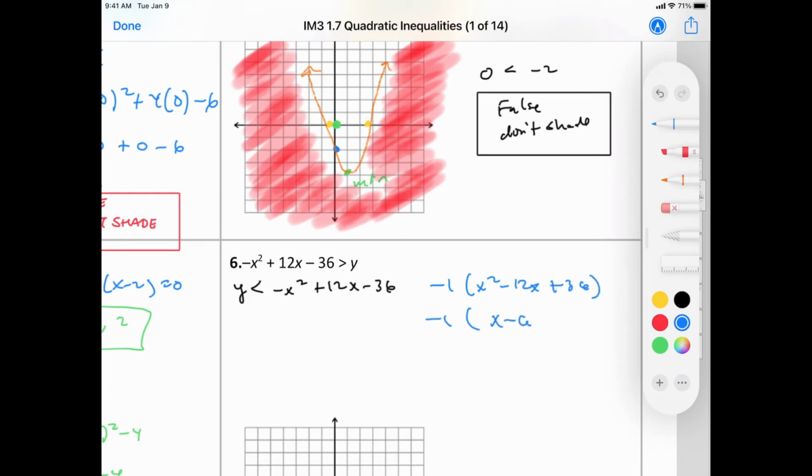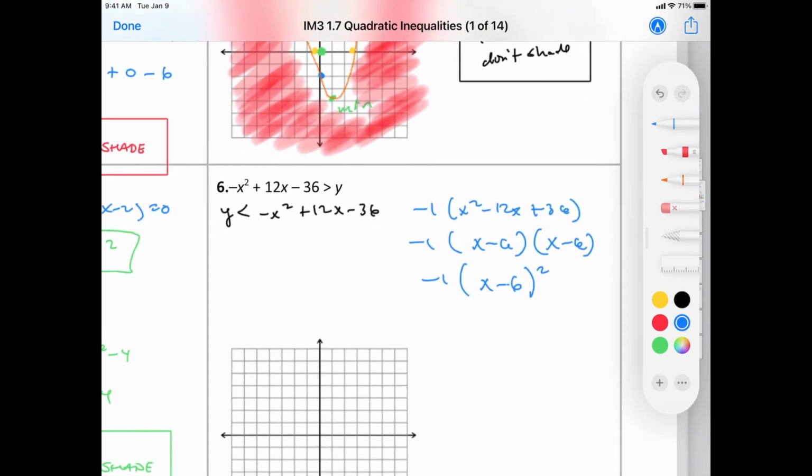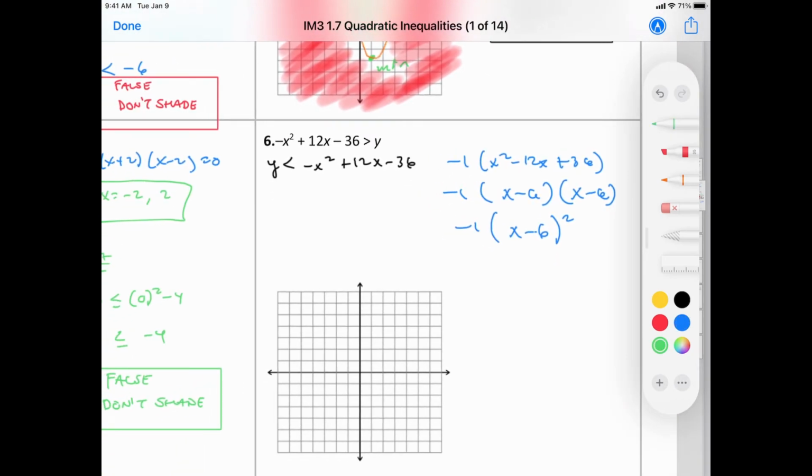Okay, here you can do a couple of things. This is essentially in vertex form, so that would mean that my vertex is at (6, 0).